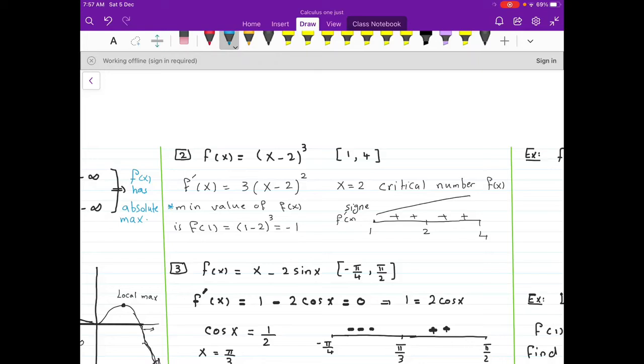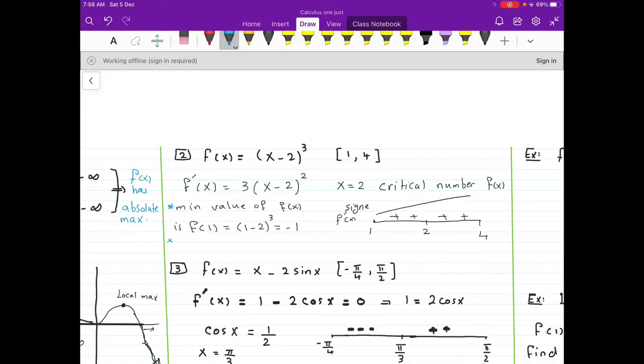And what is the maximum value? Notice the function is continuous on a closed interval, so it will surely have a max and a minimum. But if this function were defined on R, there would be no max and no minimum.